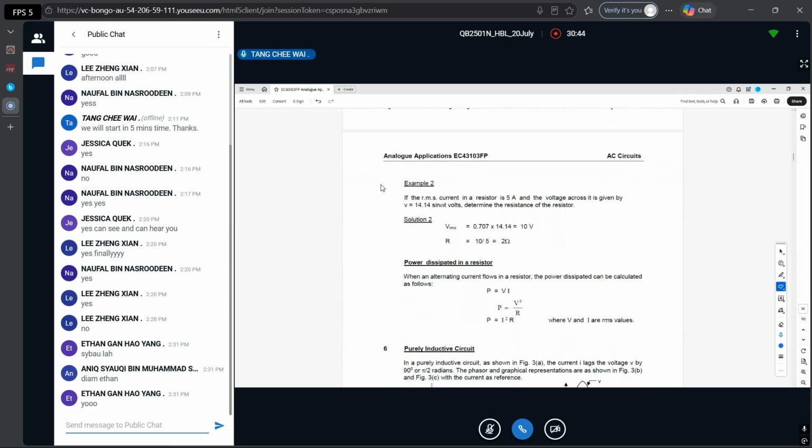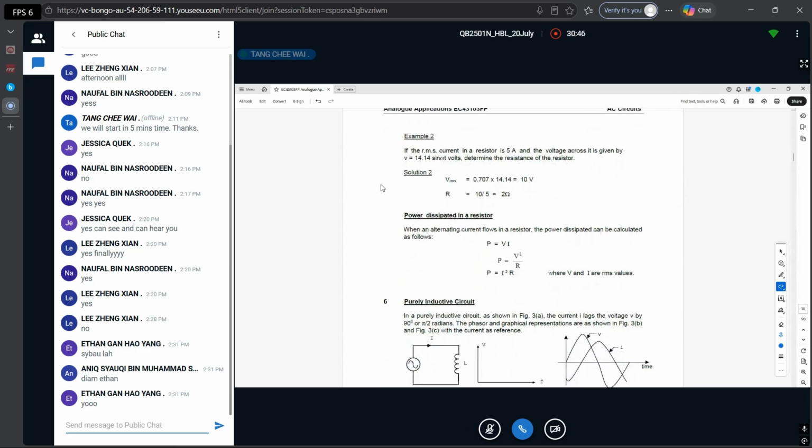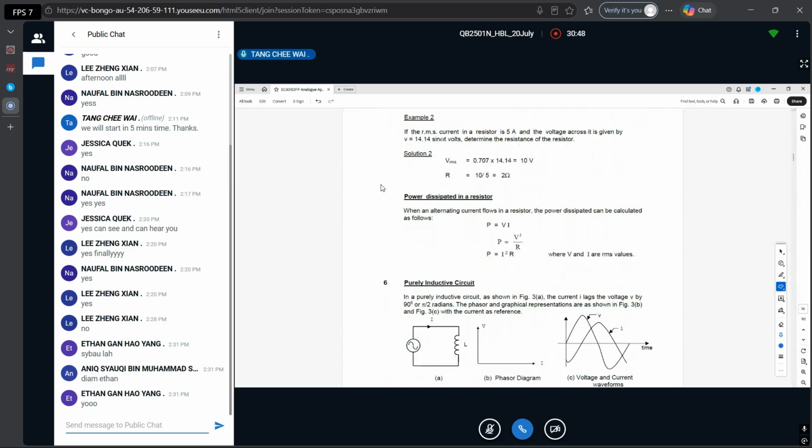Now we go on to an example from last lesson. The RMS value of the current is given as 5 amps. The voltage is given in the general formula. They ask you to look for the resistance, but before that, the important thing is to convert the voltage to RMS value.